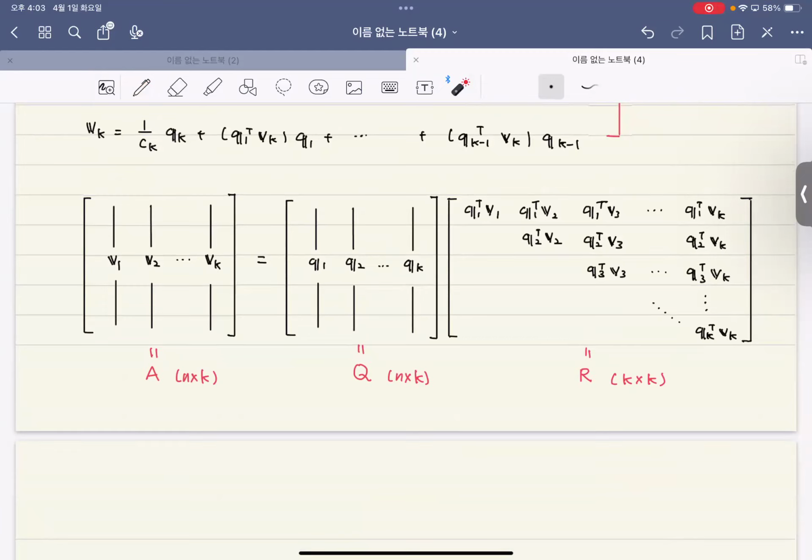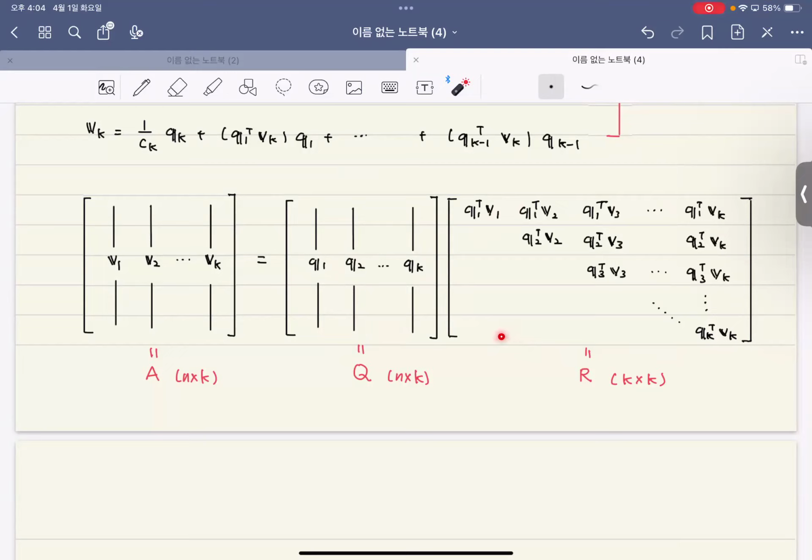Just think of any n by k matrix with independent columns. If you have such a matrix A, then because of the Gram-Schmidt algorithm, you are always 100% sure that this matrix can be written as a product of matrix Q, whose columns are orthonormal vectors, times a k by k upper triangular matrix.